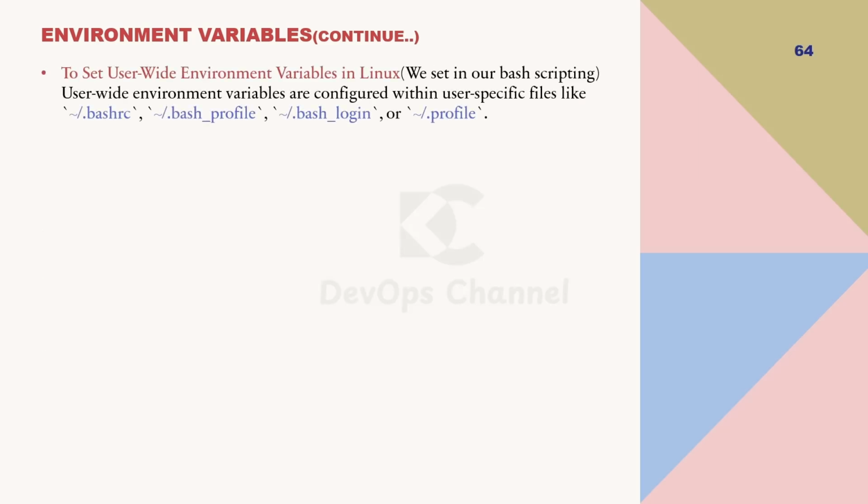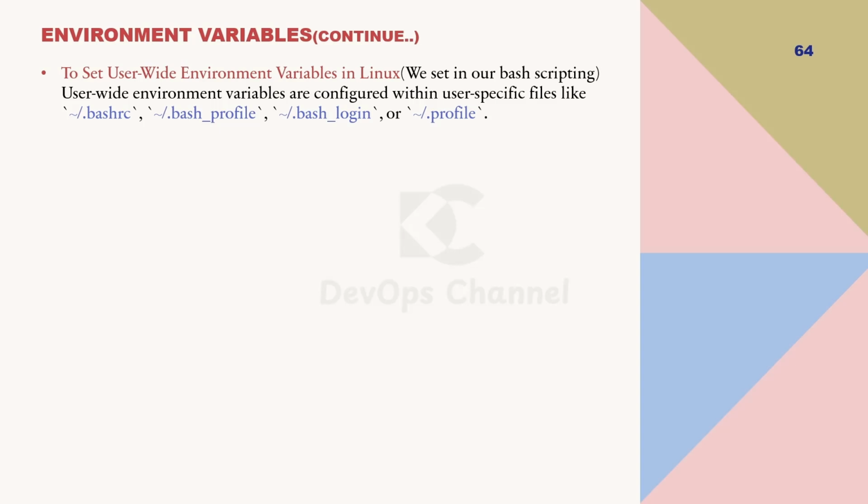Now, to set user-wide environment variables, which are restricted to your user profile, you can use these files: .bashrc, .bash_profile, .bash_login, or .profile. In our earlier section we were setting up our bash, so we edited our .bashrc file for defining our environment variable PATH.